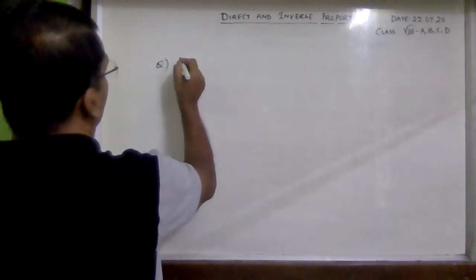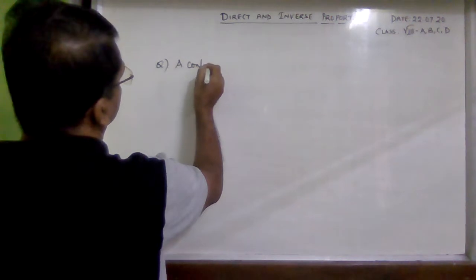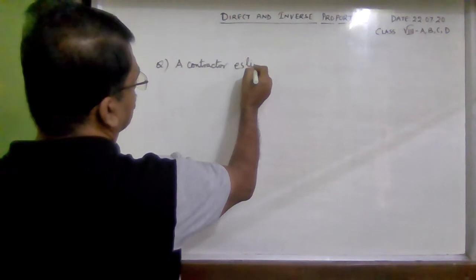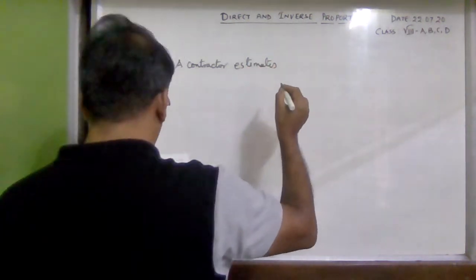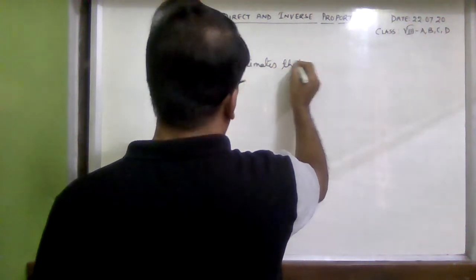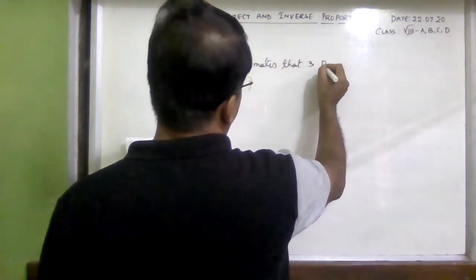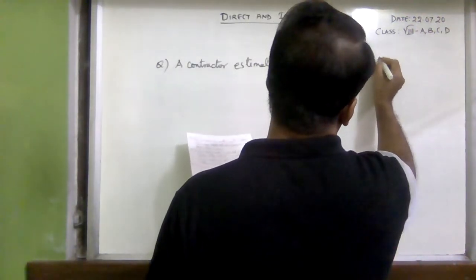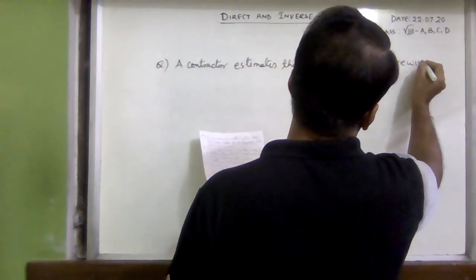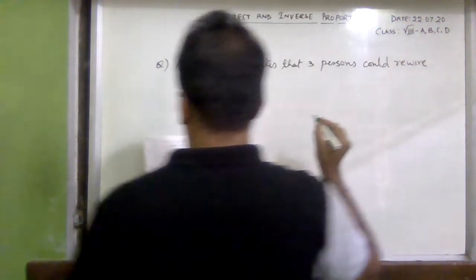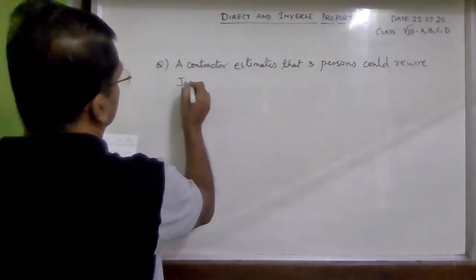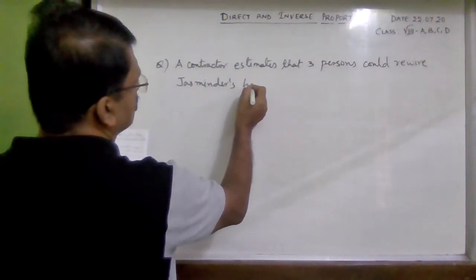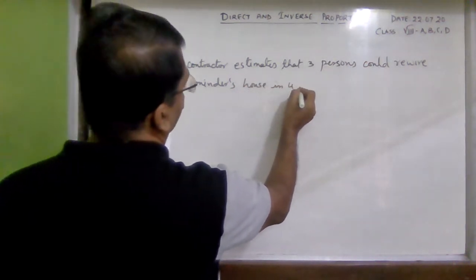Next question. A contractor estimates that 3 persons could rewire Jasminder's house in 4 days.